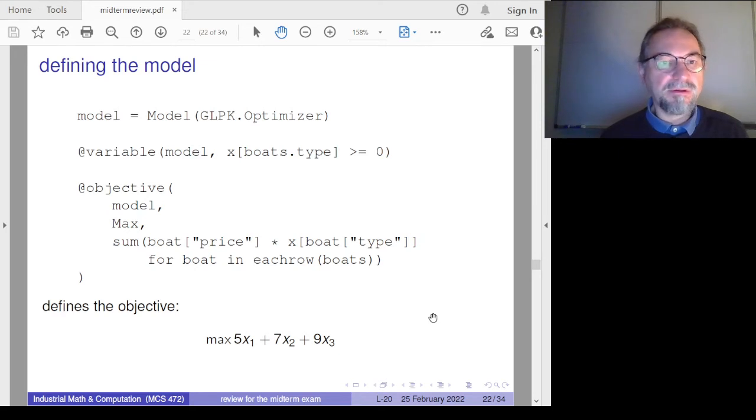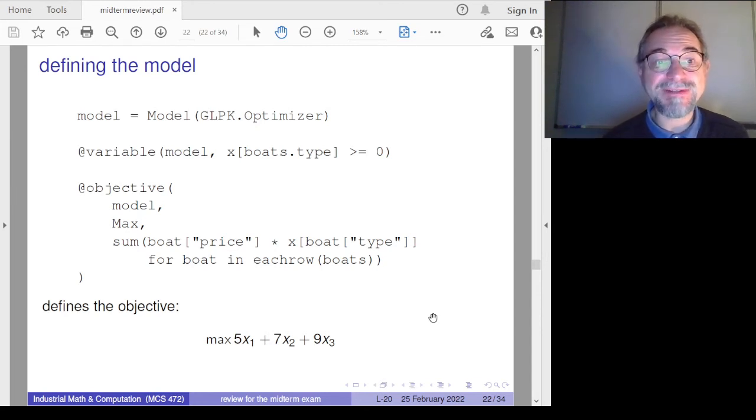So we make an instance of a model. We declare the variables of our model. Here we work only with three variables, but this is already very useful. We can just select the type from the variables. So the variable names will be 1, 2, 3, corresponding to the 1, 2, 3 types.